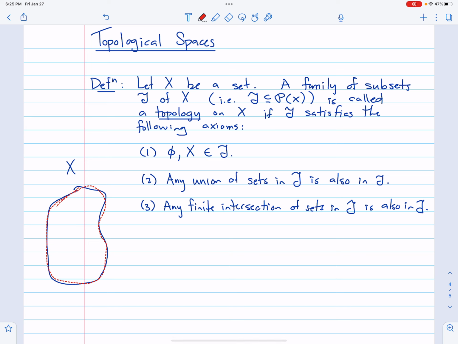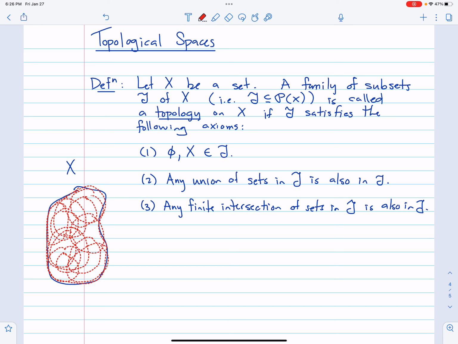But then I can also specify other sets that are special, okay? And so I'm basically picking out a bunch of subsets of X, where these subsets of X are going to be my special sets.